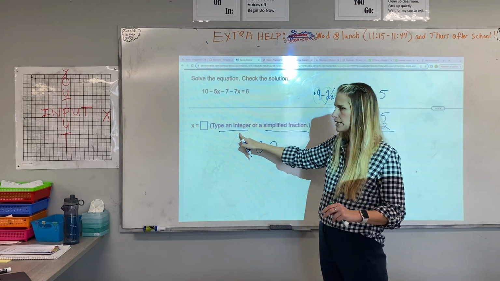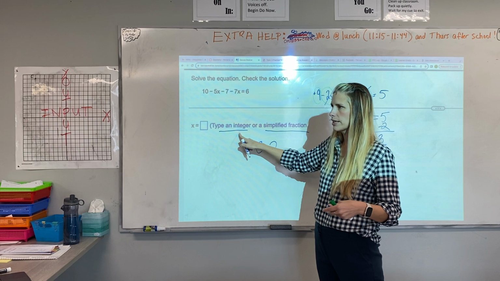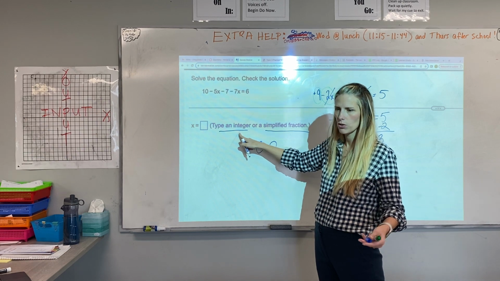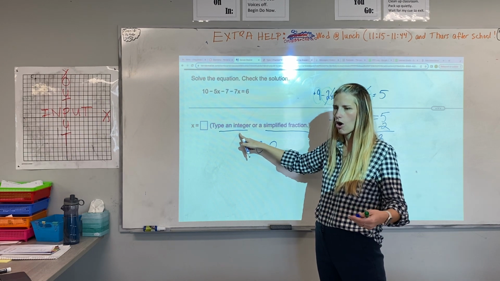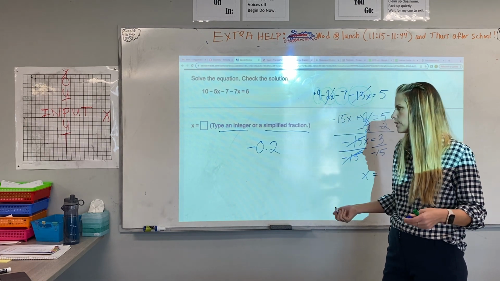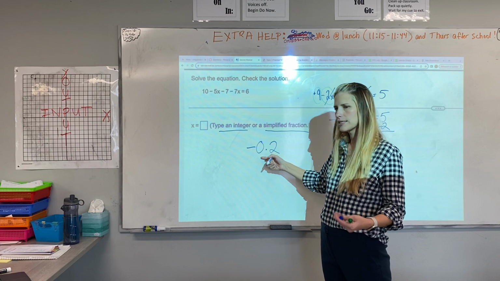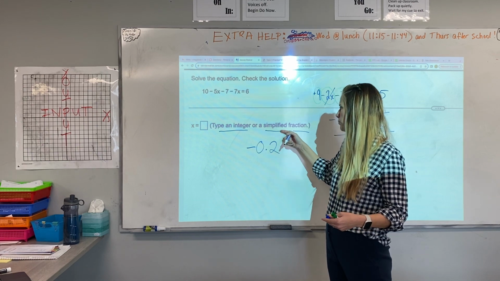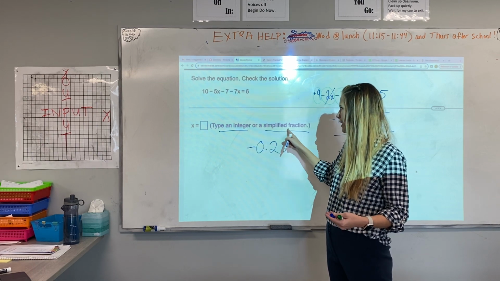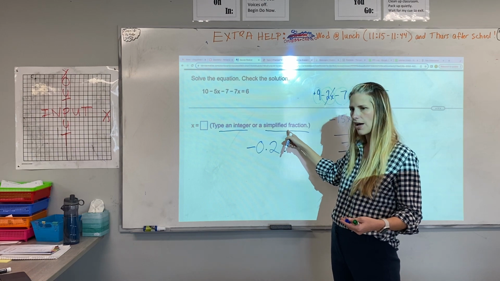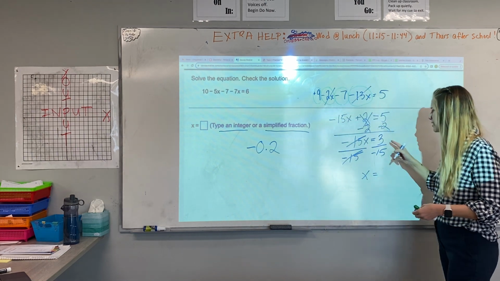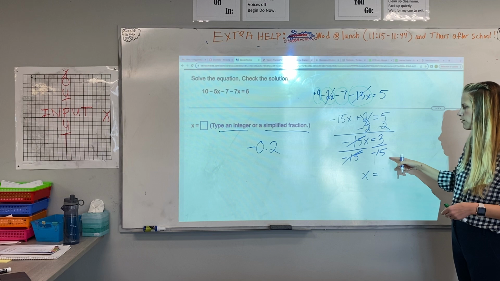An integer means basically a whole number including negative numbers, so all negative numbers and positive numbers that aren't decimals or fractions, and also 0. This is a negative decimal number, so it's not an integer. So we can't type an integer, but we can type a simplified fraction. How can we simplify the fraction 3 over negative 15?